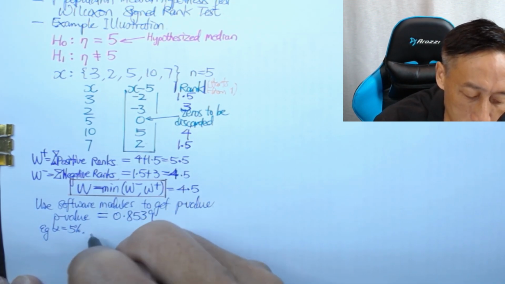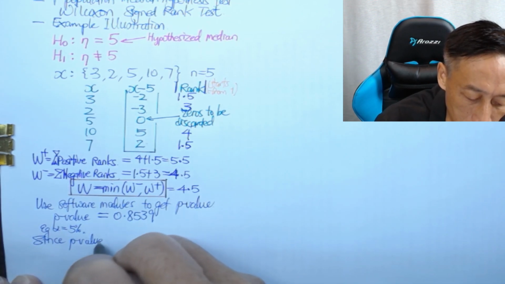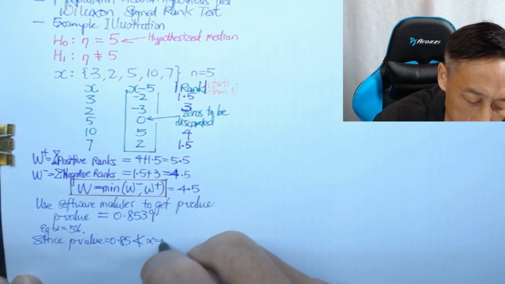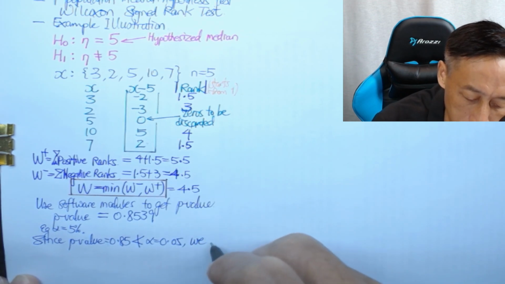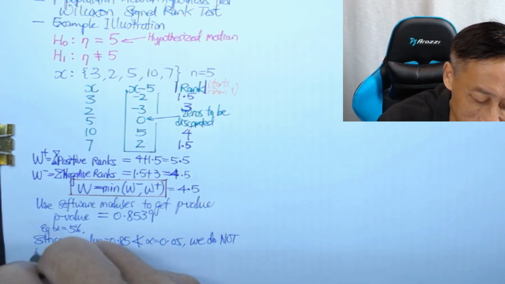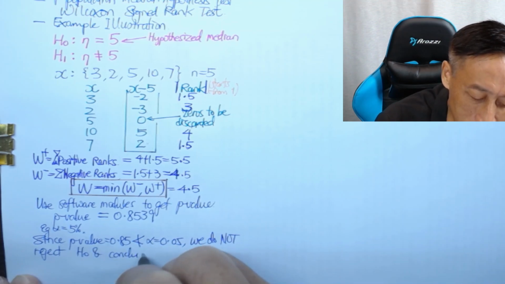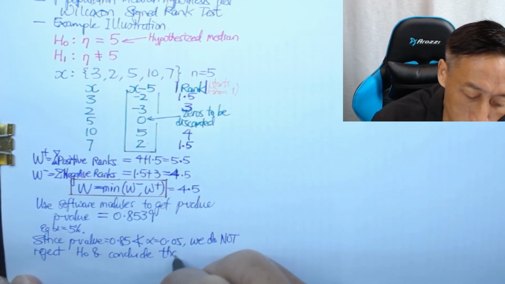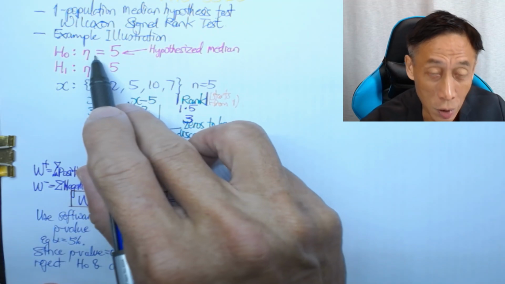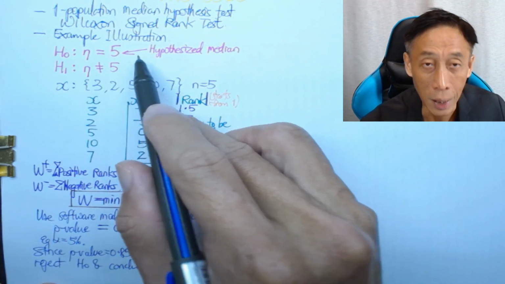Then we can conclude, since the p-value of 0.85 is not less than alpha equals 0.05, we do not reject H naught and conclude, using the same template, that since we do not reject H naught, we will look at H naught and read this out in English, not Greek letters, and put it in context.